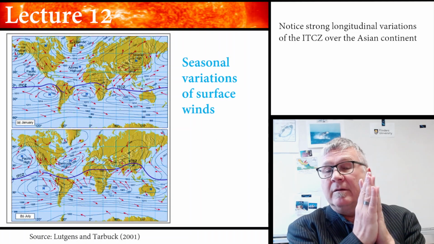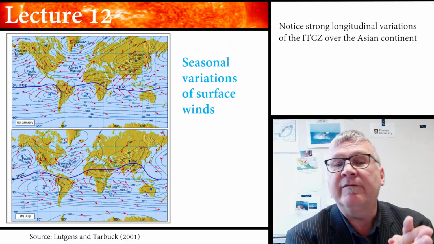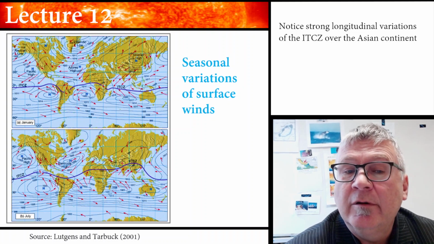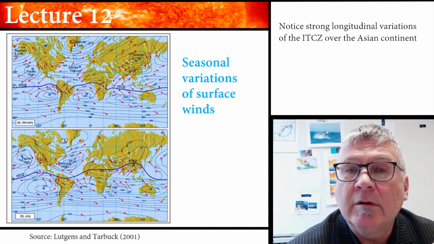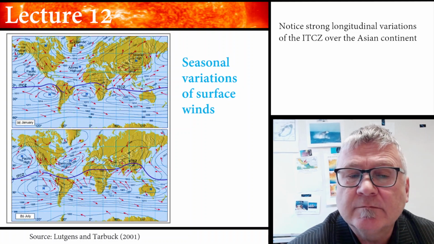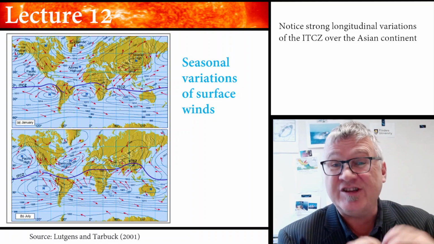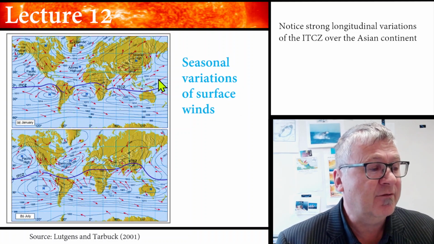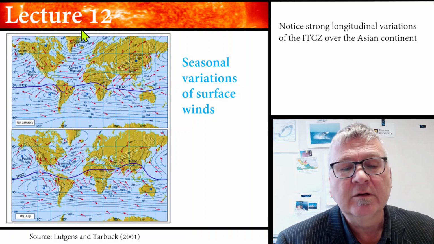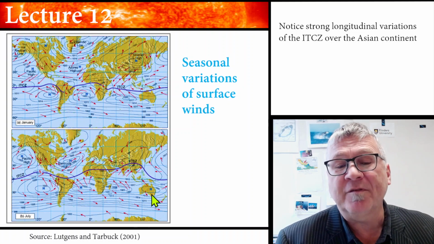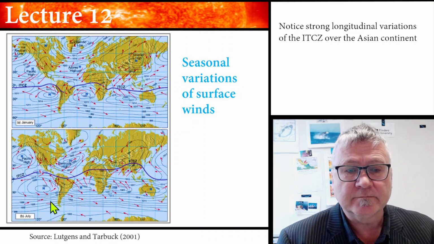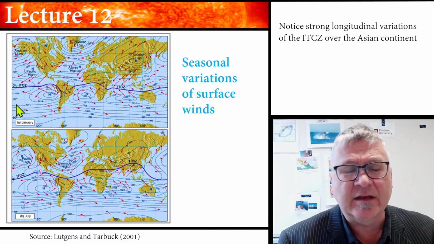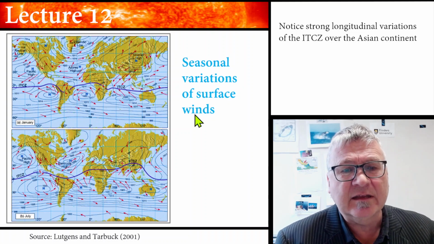Now looking at seasonal variations. Here are sketches of the typical surface winds for January, which is northern hemisphere winter and southern hemisphere summer, on the top, and the opposite season at the bottom. You can identify the key wind patterns, like the westerlies in the southern hemisphere.